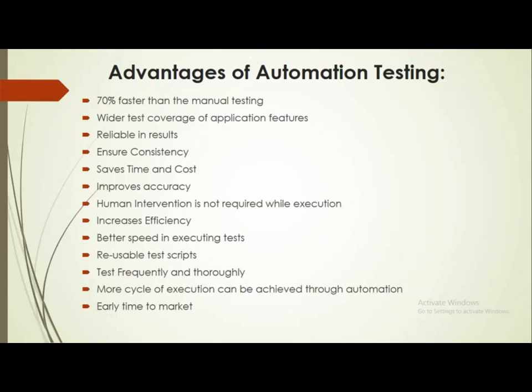So what are the advantages of automation testing? Automation testing is 70% faster than manual testing, gives wider test coverage of application features, is reliable in results, ensures consistency, saves time and cost, improves accuracy, requires no human intervention for execution, has reusable test scripts, and gives faster time to market.